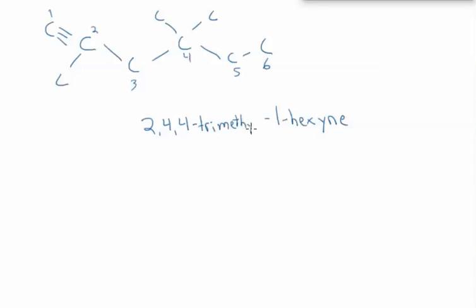What if I have a triple bond and I have a double bond? In this case, you'd use an "-yne" ending at the end to let me know double, triple.